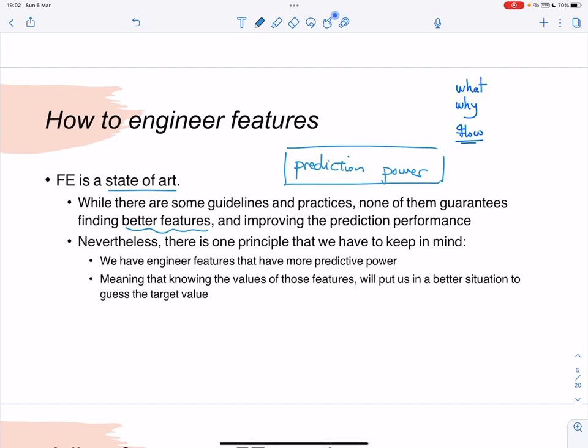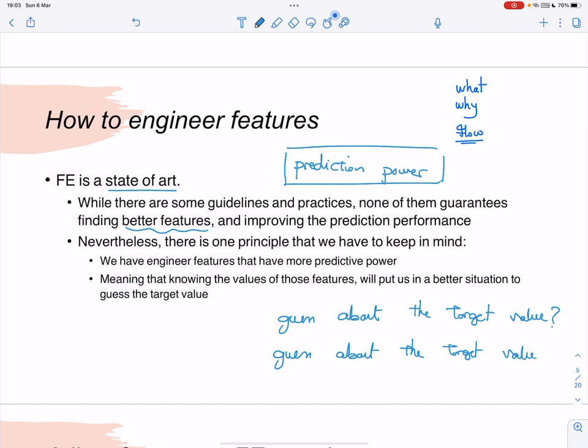Prediction power is like this. What is your guess about the target value before knowing anything? And what is your guess about the target value if you know the value of feature X?